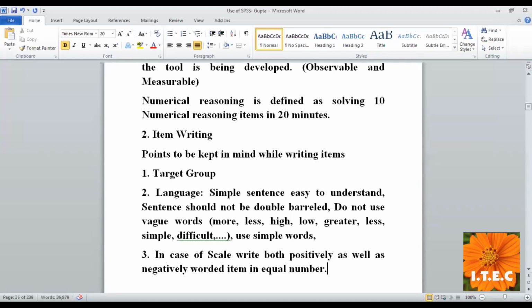If you are writing 40 items, your 20 items must be positively worded and 20 items must be negatively worded.